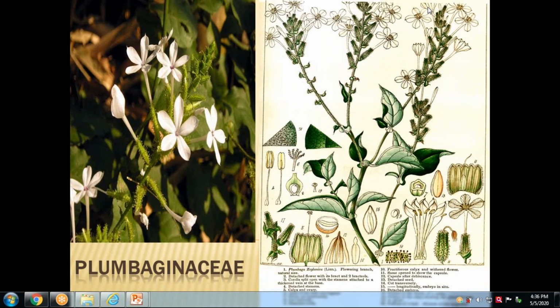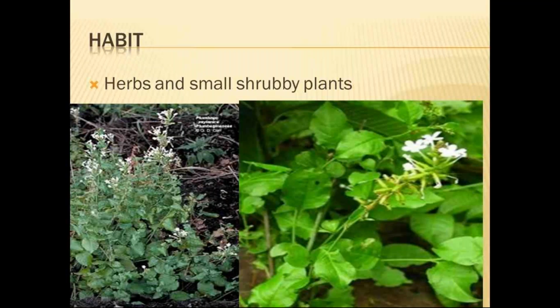These are some photo characters we are going to see in the next slides. Their habit is small herbs, shrubby plants, because they have a maximum of 3 to 4 feet of height. Therefore, it also comes under small shrubby plants, as we see in the photographs.